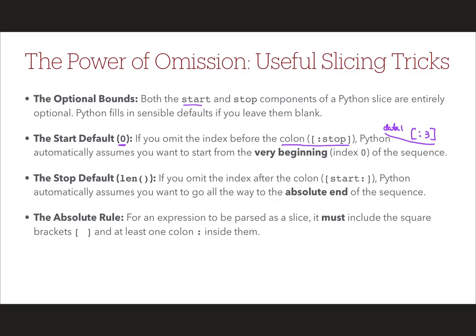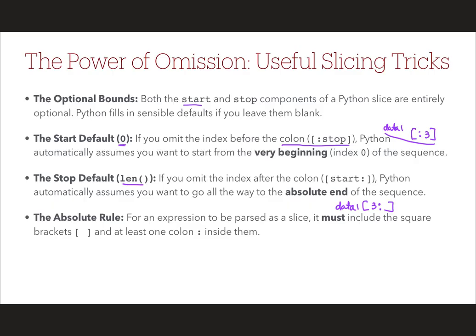If you omit the stop value, then the length of that variable will replace that stop value. So if I see data 1, say 3 colon and square bracket, then the stop value is omitted.